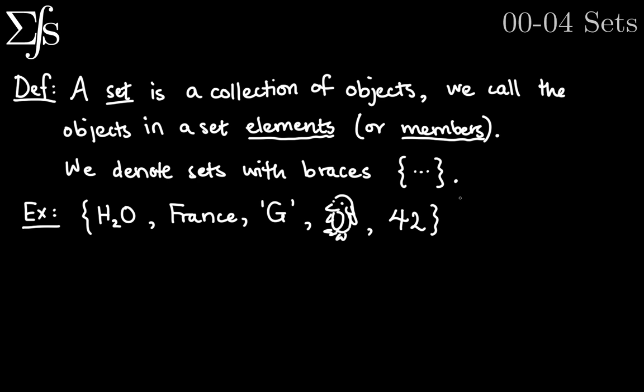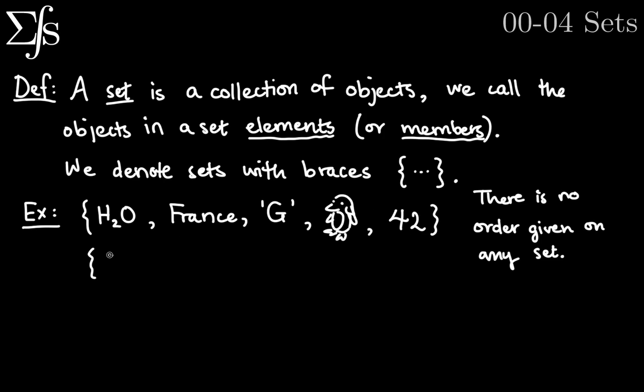Probably another important thing to note is there is no order given on any set. So I could write these in any order, and it would be the same exact set.